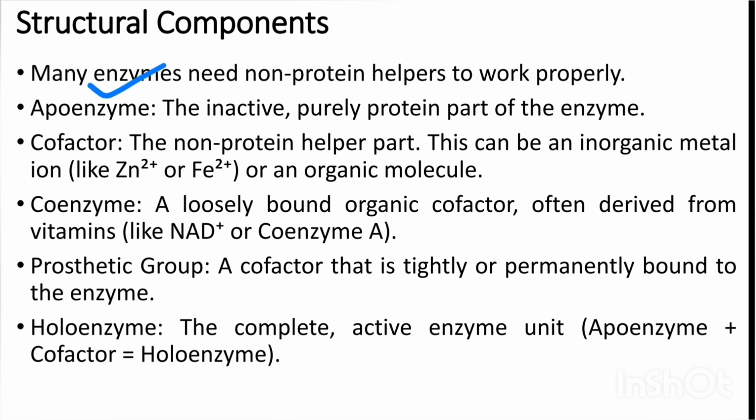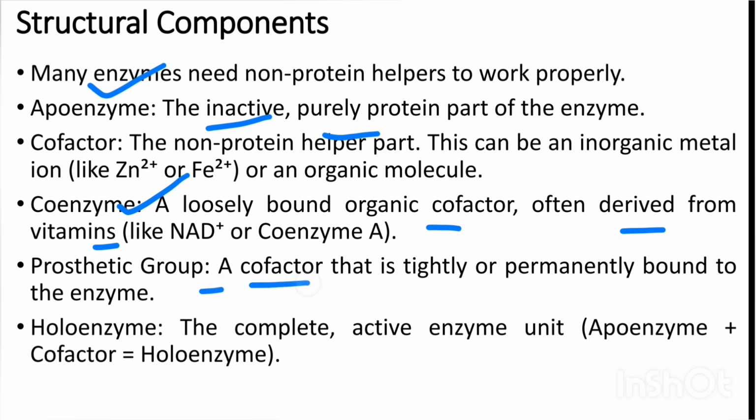What is apoenzyme? The inactive, purely protein part of the enzyme. What is cofactor? It is the non-protein helper part of the enzyme. Coenzyme is the loosely bound organic cofactor derived from vitamins.